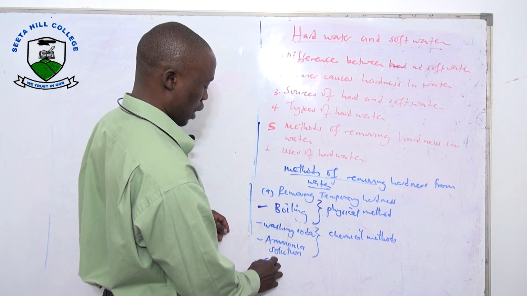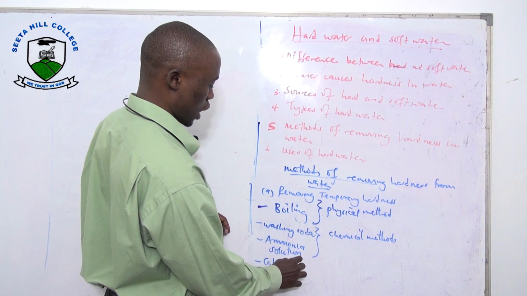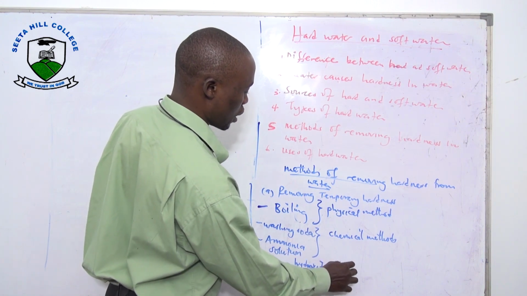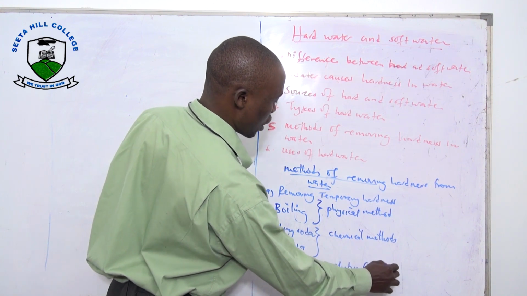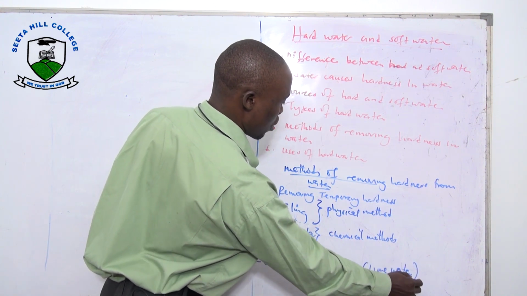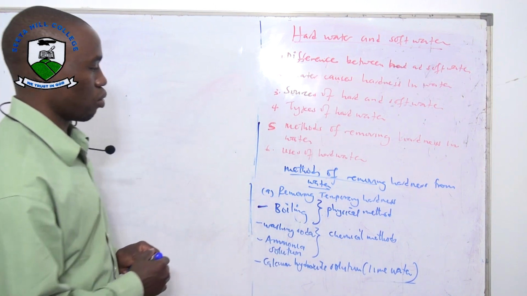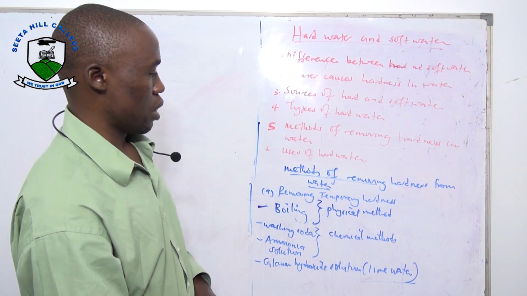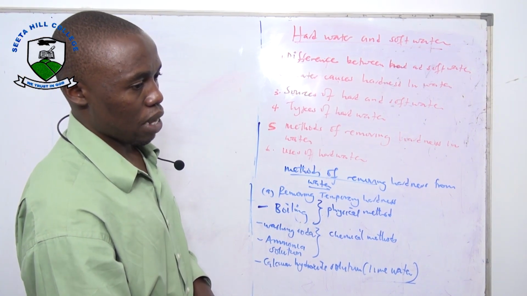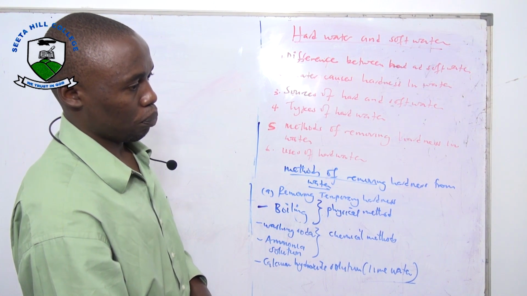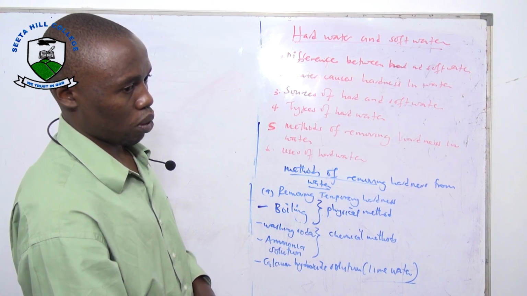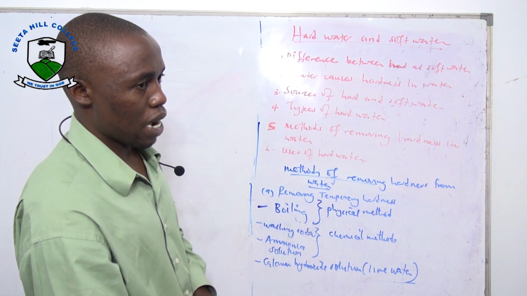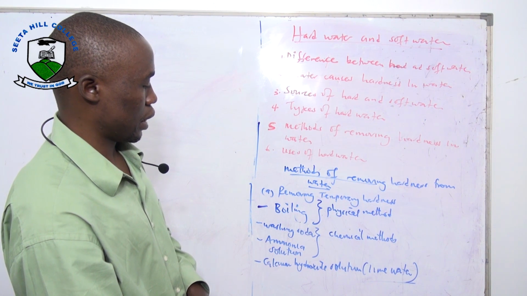Then addition of calcium hydroxide solution, which we have been calling lime water. You can add lime water, then the water will become soft when you add those things.